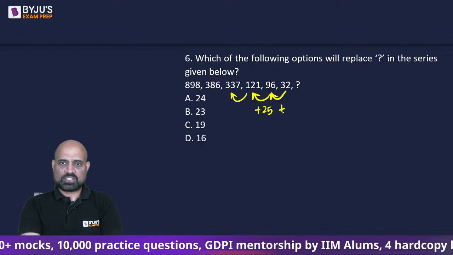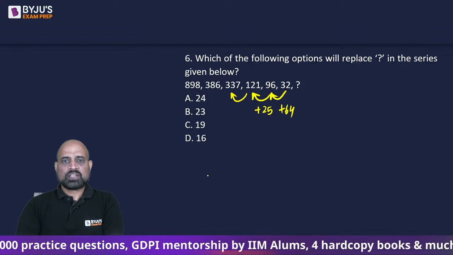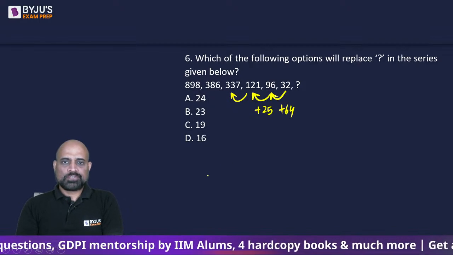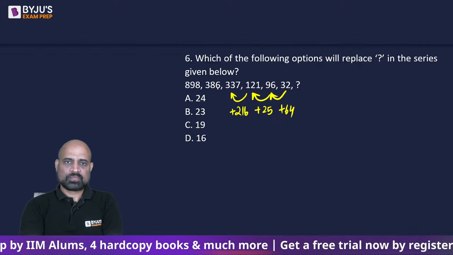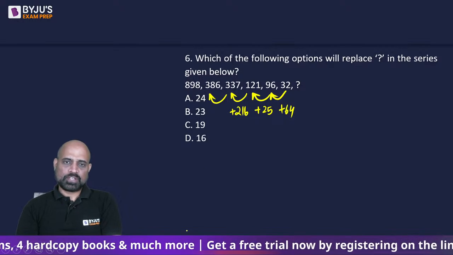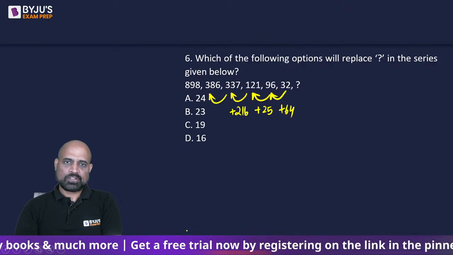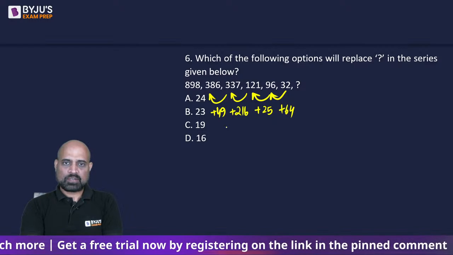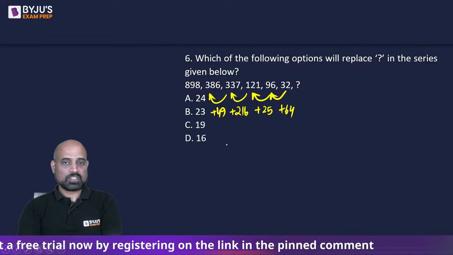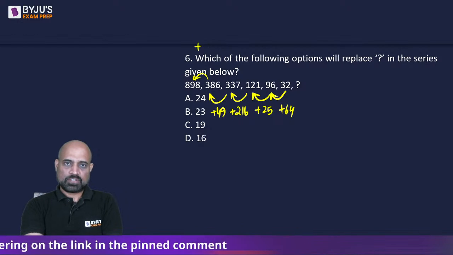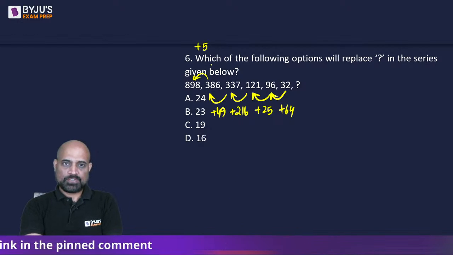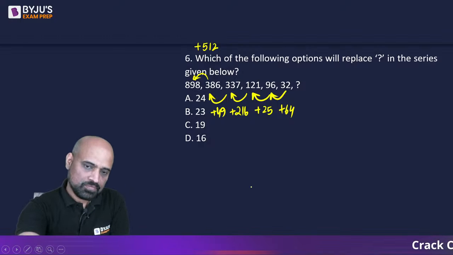If we add, this is going to be 64. This is going to give us 216. This one is going to give us 49. The next jump is going to give us 512. Okay, there is a pattern.